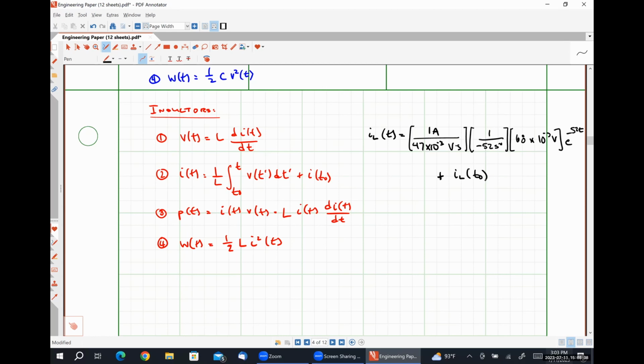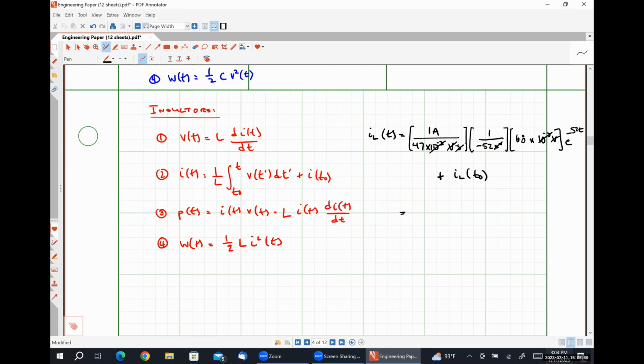Okay. So I can simplify all that numerical stuff on the top here. So the times 10 to the minus 3 cancel each other out. This volt cancels this volt, this per second cancels this second. So I have just units of amps.